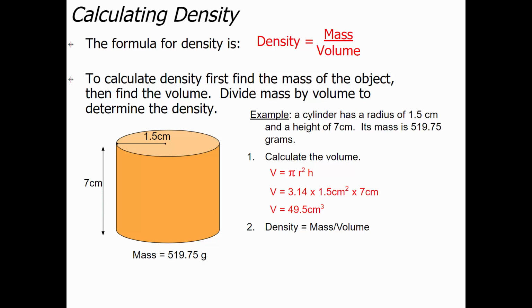Substitute in our numbers, we use 3.14 for pi. The radius of this cylinder is 1.5 centimeters. The height of the cylinder is 7 centimeters. Do our math, we have 49.5 cubic centimeters of volume.